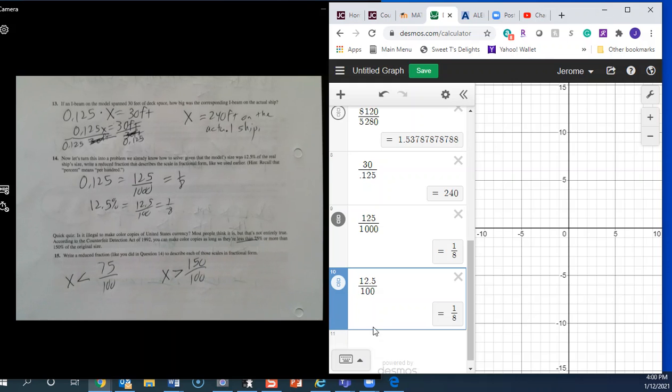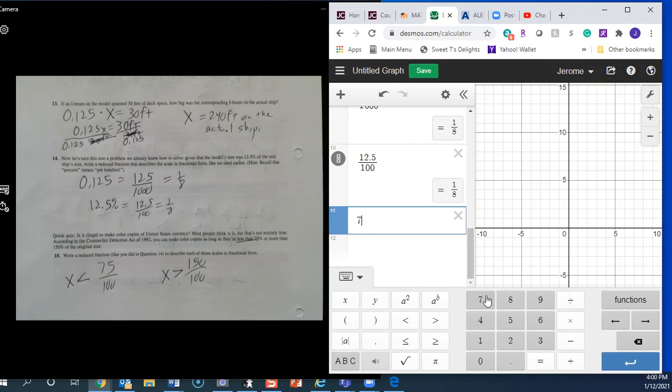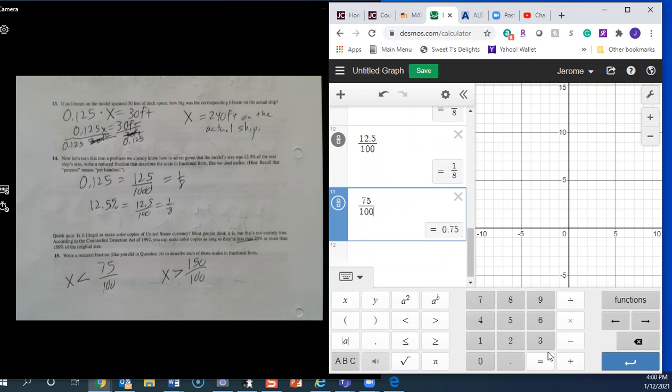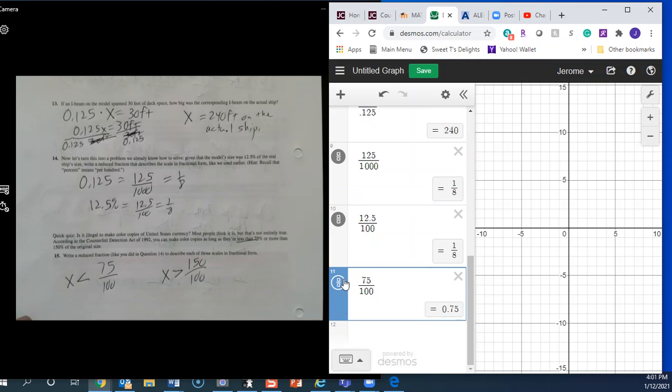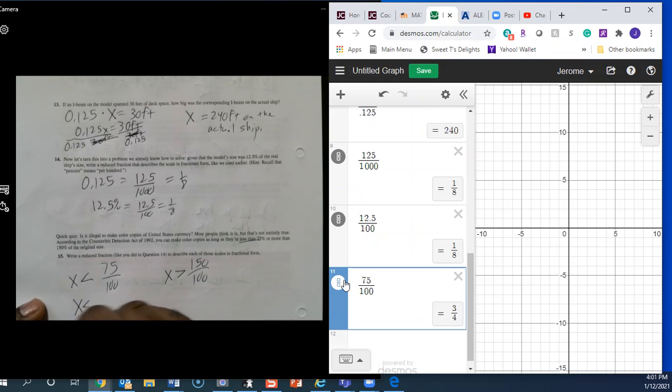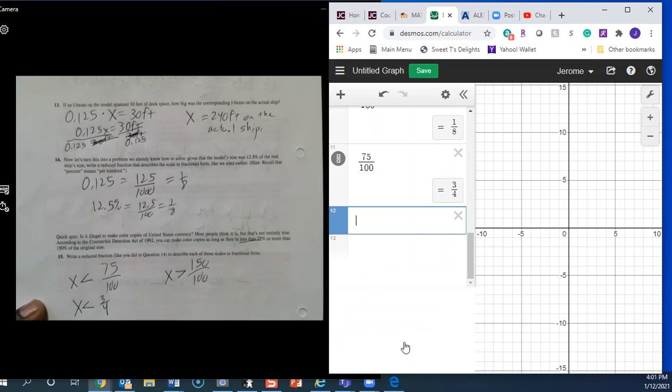So we could take 75 divided by 100. So that'll be 0.75. Hit the fraction, and it'll be 3/4. So it must be less than 3/4.